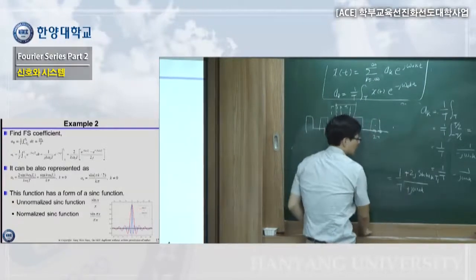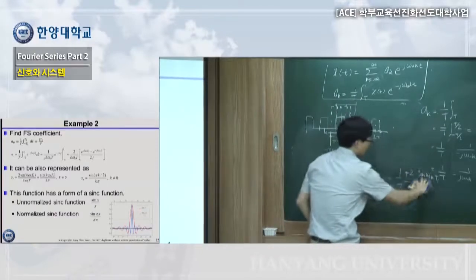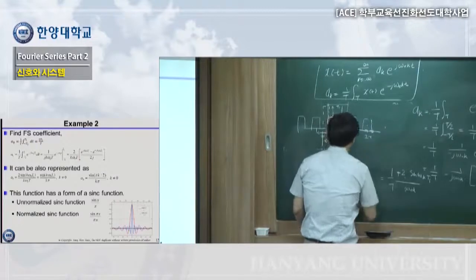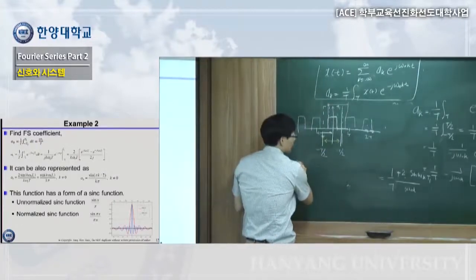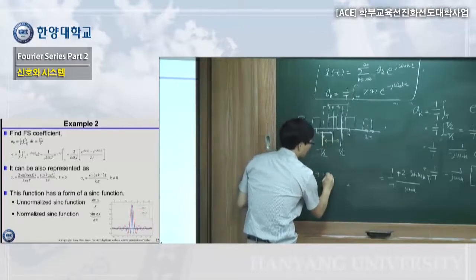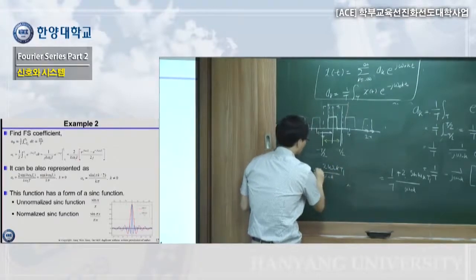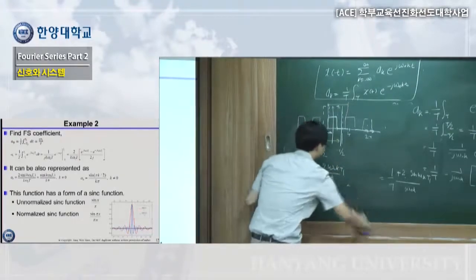Plus is plus. We can remove this and rewrite them, and this one will be the AK. AK will be 1 over omega 0 k times 2 sine omega 0 k t1.